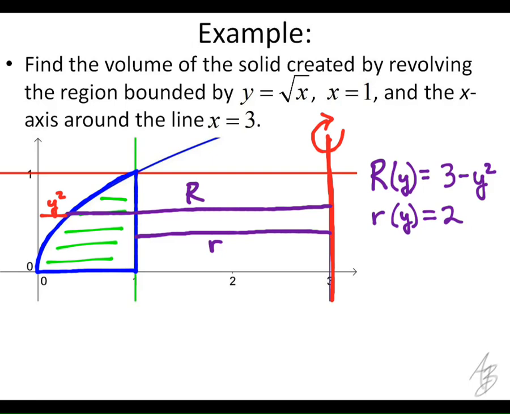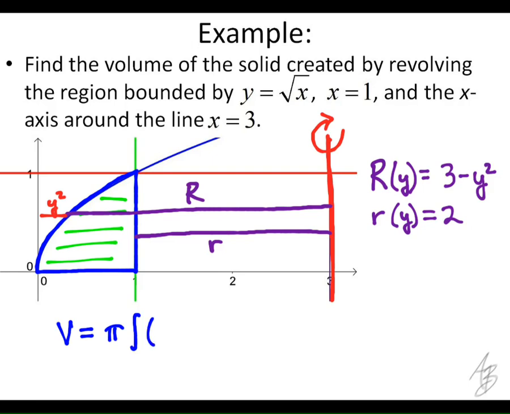Now I'll just take that and translate it to the formula. So the volume of our solid of revolution is going to be pi times the integral. We'll take care of the limits in a minute.